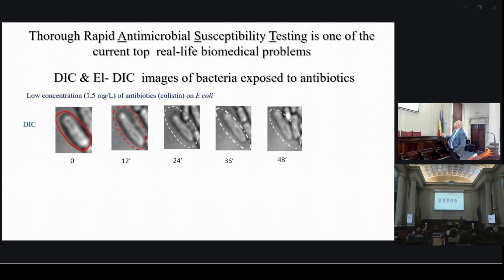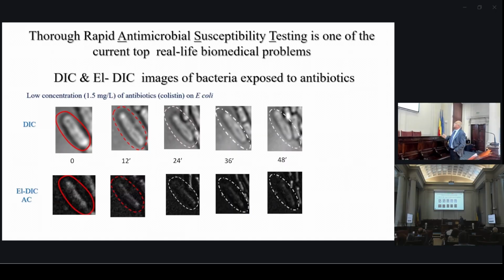But in this case, what you see is that after 48 minutes, there is a difference, but not too significant, in the contrast of the optical images due to the exposure to antibiotics. Whereas for the electrical images, in about 12 minutes, you already see the difference. So for me, it was wow.